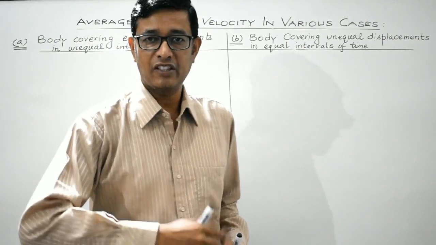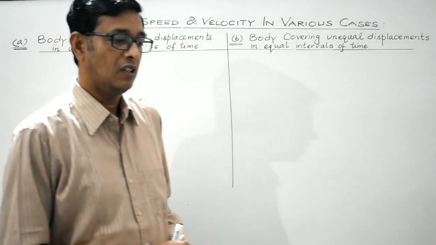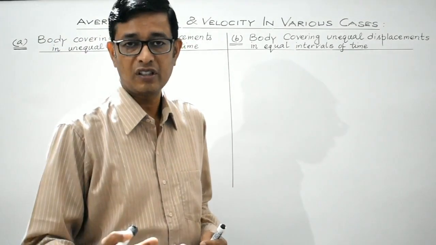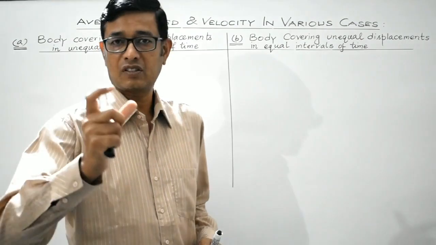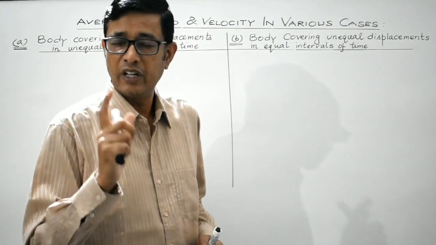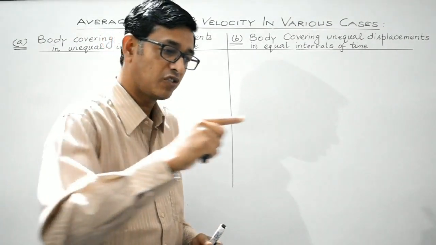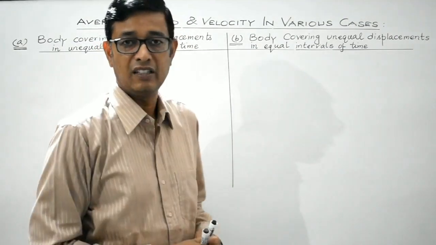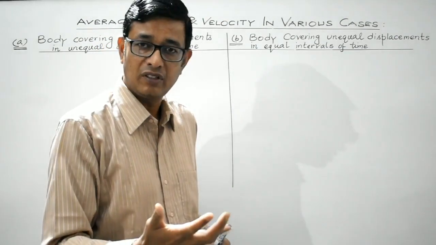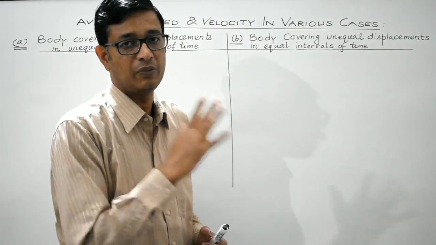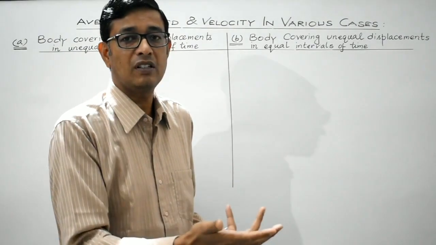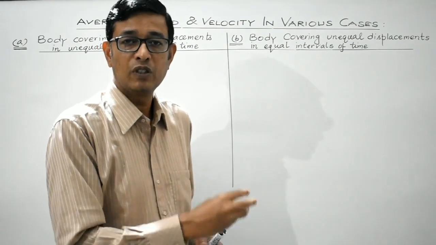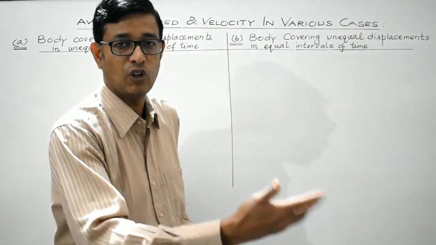In the previous session we discussed speed, velocity, distance, and displacement. Students, I must remind you that whenever a body moves along a straight path, the distance covered by the body is equal to its displacement. And if distance is equal to displacement, then the speed of the body must be equal to its velocity.